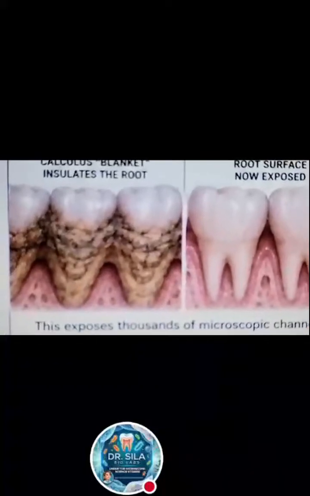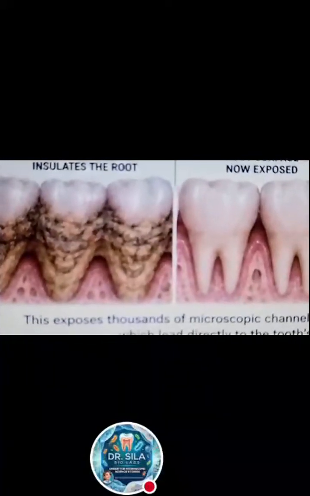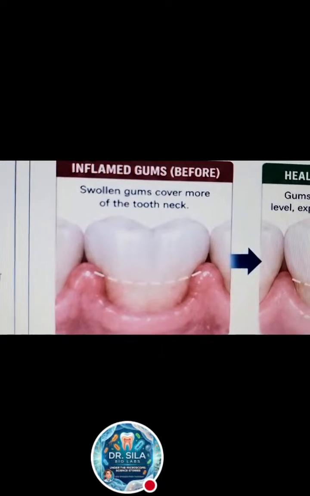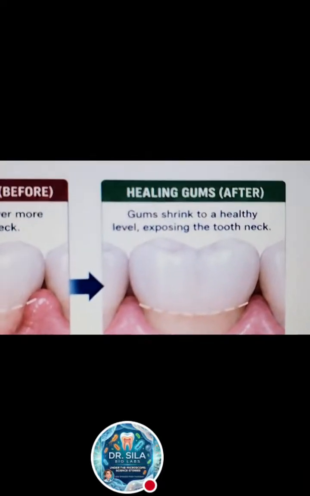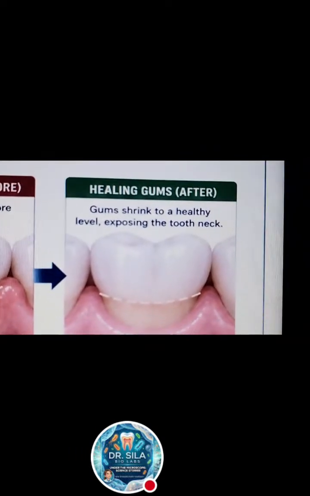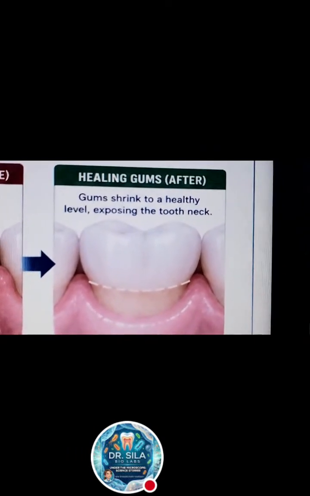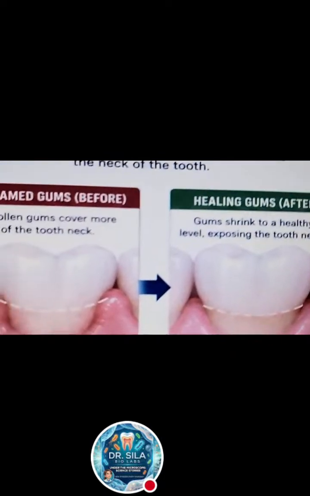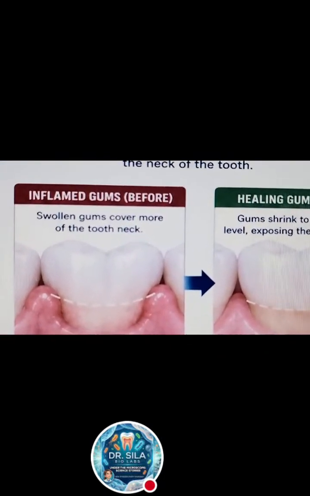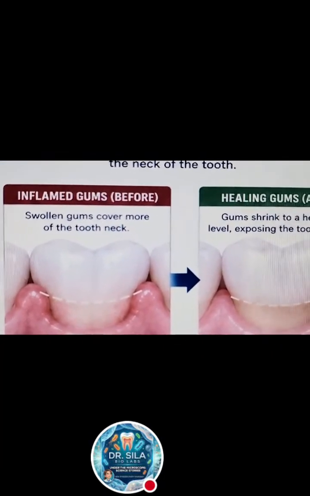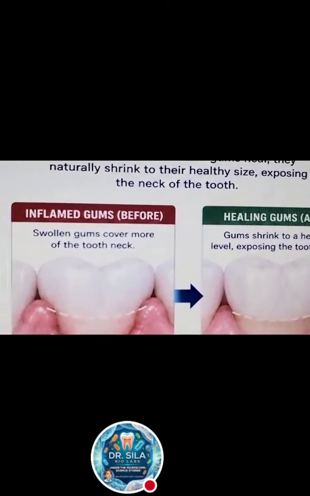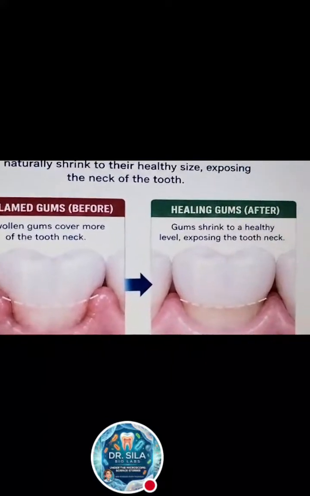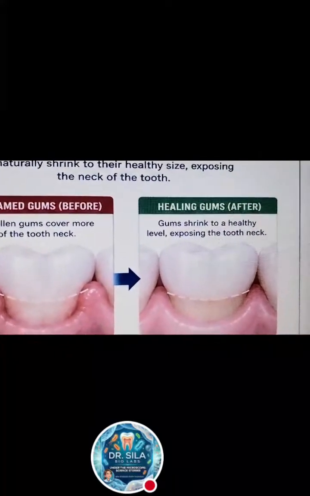As your mouth continues to heal, the gum line heals over the tooth neck after scaling. The gum shrinks to a healthy level, exposing the tooth neck. Most patients improve within 1 to 4 weeks using desensitizing toothpaste and proper home care. It can speed up the process.